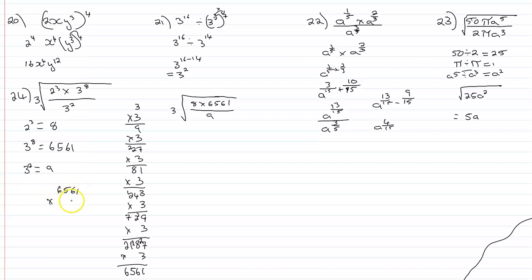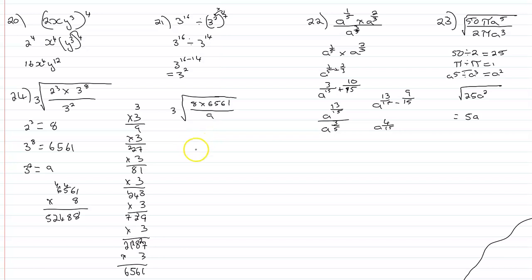We can do this, I know we can. 8 times 1 gives us 8. 8 times 6 gives us 48, so 8, carry the 4. 8 times 5 gives us 40, plus 4 gives us 44, carry the 4. And 8 times 6 gives us 48, plus 4 gives us 52.